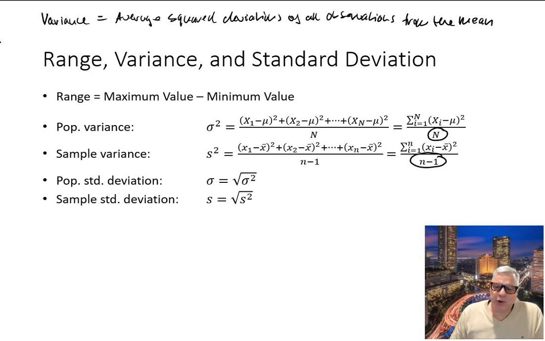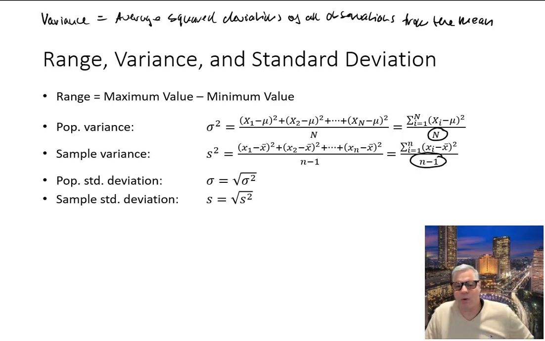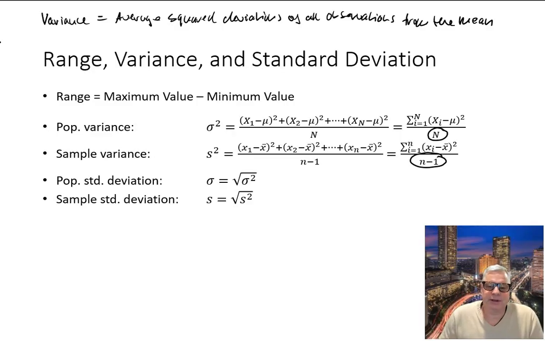But at this point, what is important is, why do we divide by n minus 1? Of course, a lot of people think it might be intuitive, the question is, why do we square in the first place?